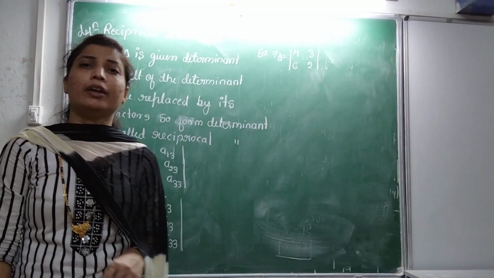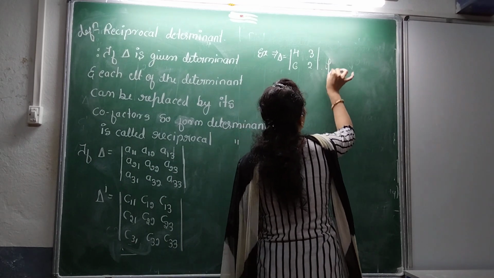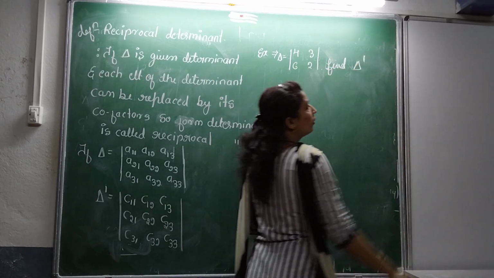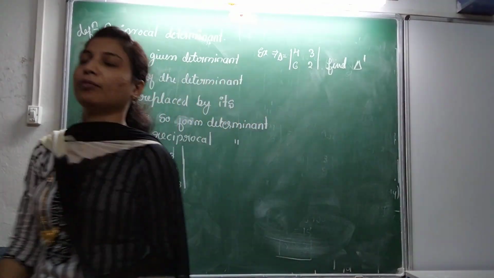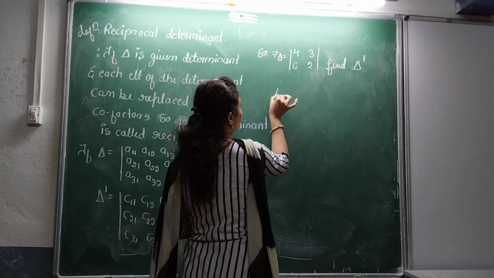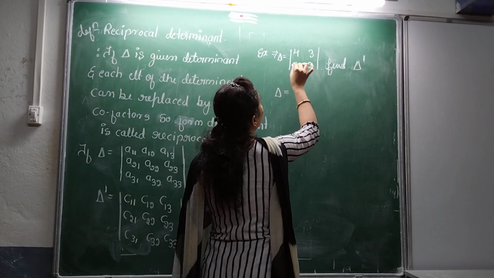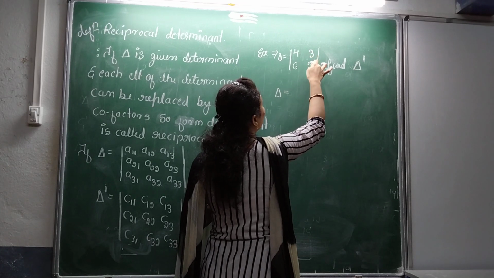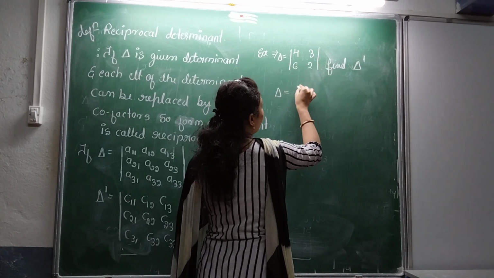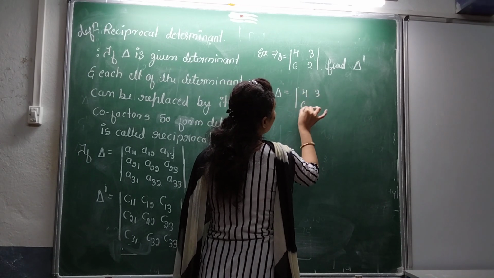Then find its reciprocal determinant, delta dash. Delta dash means the reciprocal determinant. So in case of a 2 cross 2 determinant, we write delta is equal to 4, 3, 6, 2.